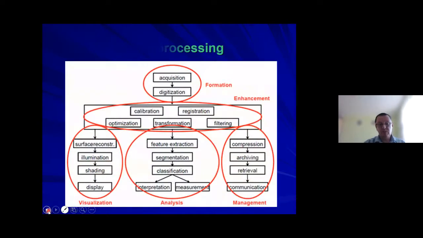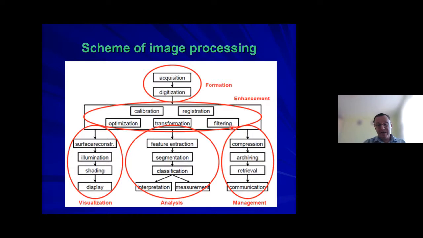If we consider all these things in more detail, after we perform basic enhancement, meaning automatic adjustment to have visualization of the image, we have three parts of what we can do with our digital data. First, visualization: 3-dimensional visualization, where we create mathematical models and visualize them on a flat screen.